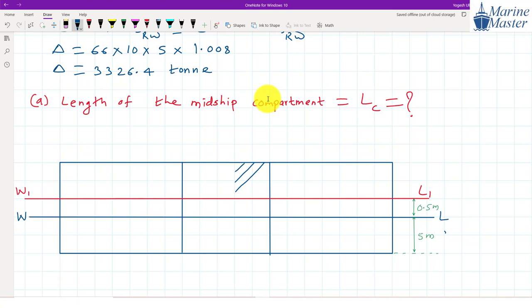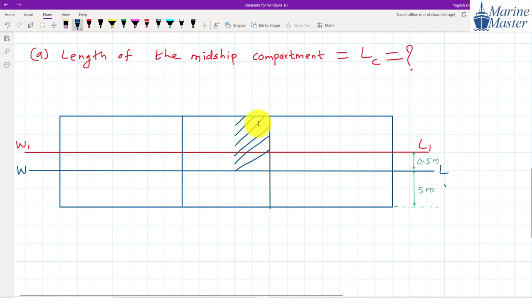Okay, good, guys. So now try to see the scenario here. I am showing this portion, but before that, one minute, guys. Before showing that portion, what length of the midship compartment have we assumed?